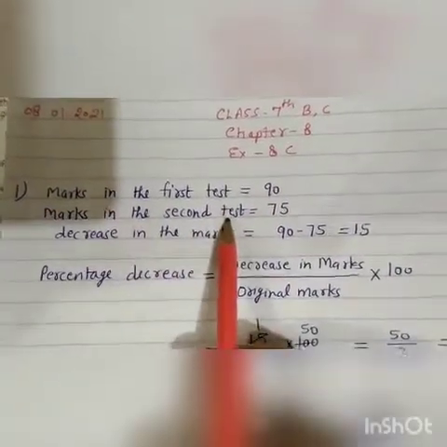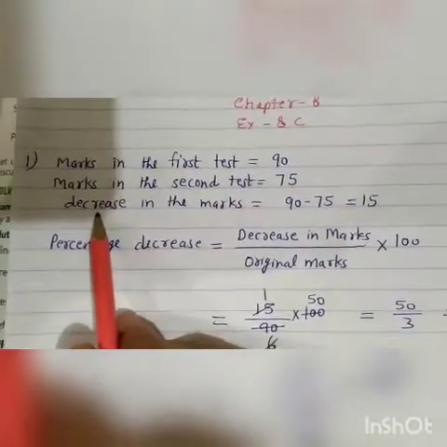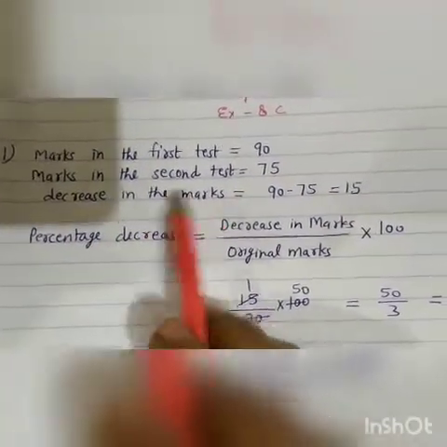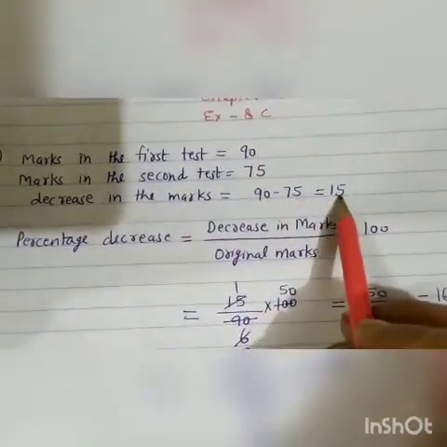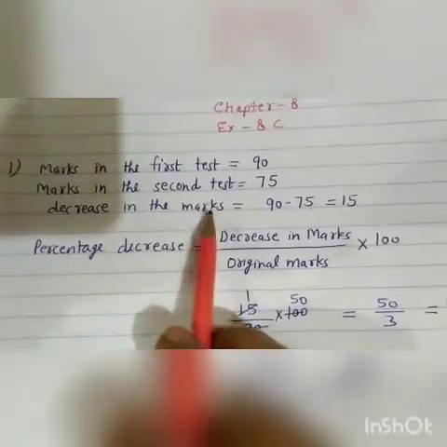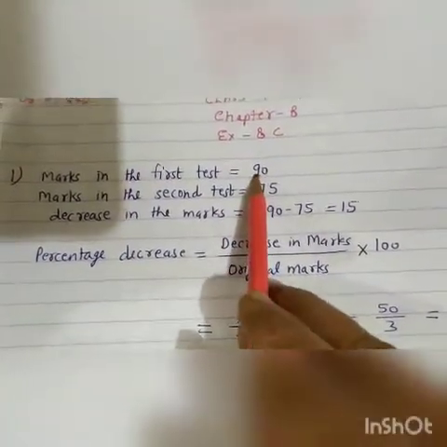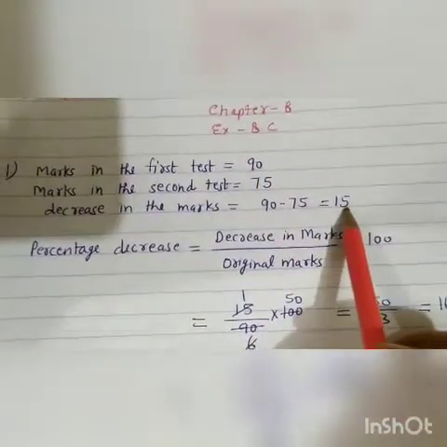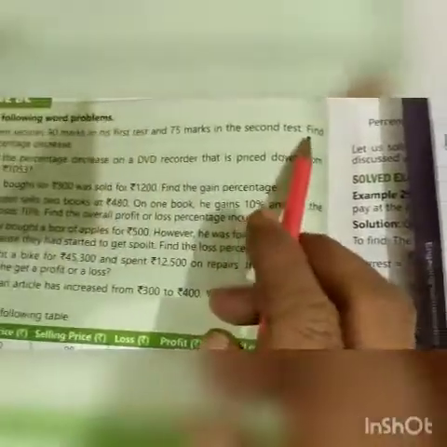Marks in the second test, he got 75. First we will find the decrease in the marks. What is the decrease in the marks? 90 minus 75. It is 15. This is the decrease in the marks. We will subtract this 75 from 90. Then it is 15. Now we will find the percentage decrease because we have to find percentage decrease.